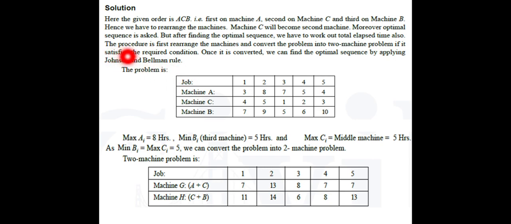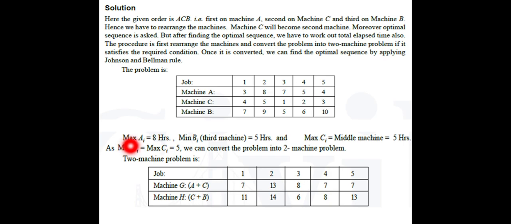The procedure is, first rearrange the machines in the order given in the problem, that is machine A, machine C and machine B, and convert the problem into a two machine problem if it satisfies the required condition. So what is this condition?